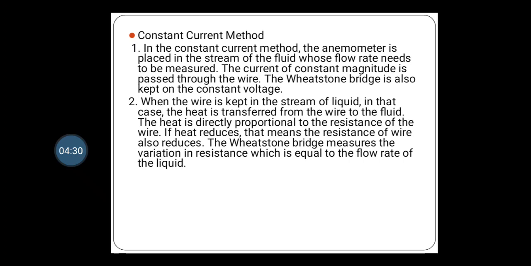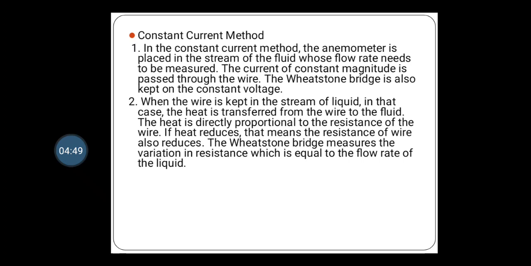In the constant current method, the anemometer is placed in the stream of the fluid whose flow rate needs to be measured. A current of constant magnitude is passed through the wire. The Wheatstone bridge is also kept at constant voltage.